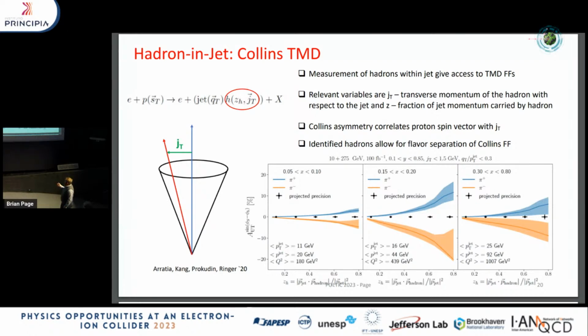And here again, we see some projections of the statistical power we can expect, along with some of the current knowledge of the Collins fragmentation function. And so, of course, here from a detector point of view, you really want good PID to isolate your pions. You can also do this measurement for kaons and protons, etc.